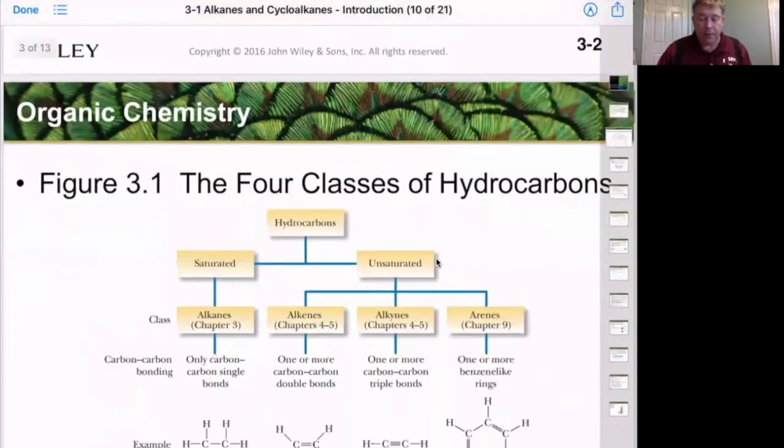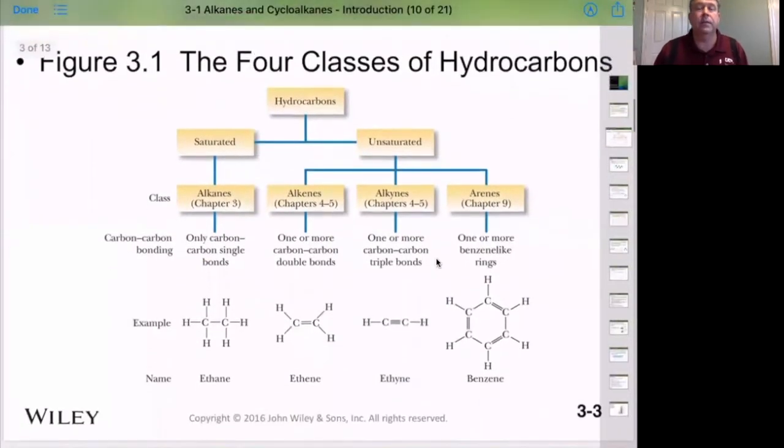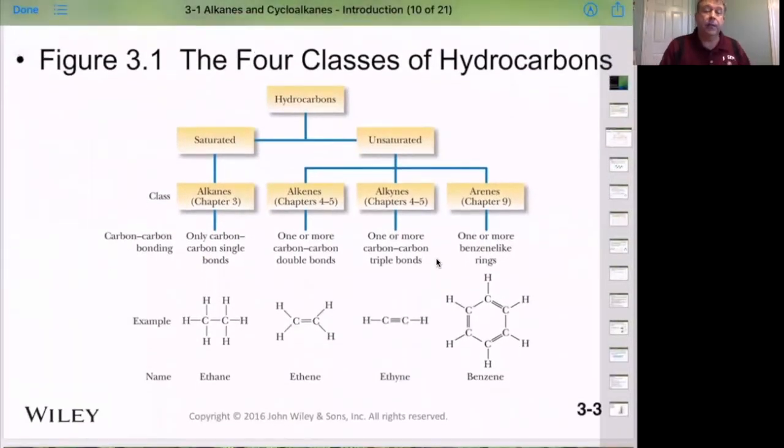So if we look at the four classes of hydrocarbons here, we can call them saturated or unsaturated. Saturated are where all the carbons are sp3 hybridized and each of the carbons only has single bonds. The next thing we can have is what we call unsaturated, meaning that we have removed at least two hydrogens such that we form a double bond between at least two of the carbons in the system. If we have one or more carbon-carbon double bonds, we have what we call an alkene.